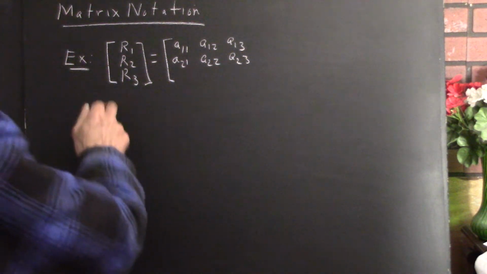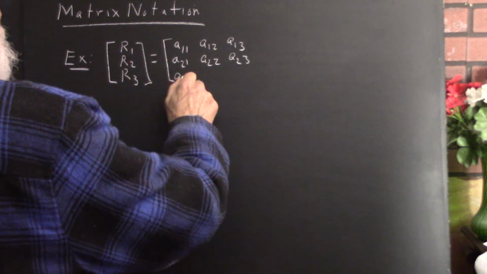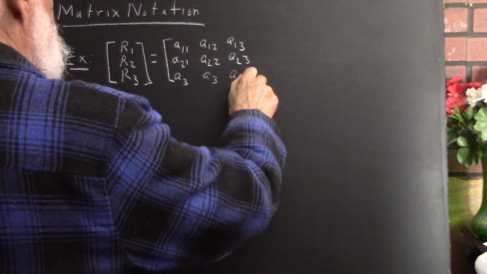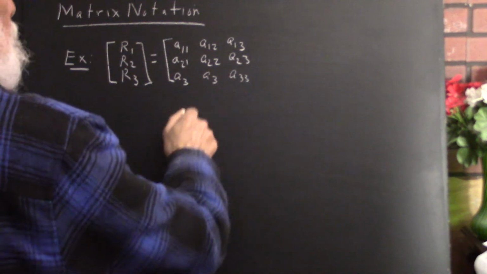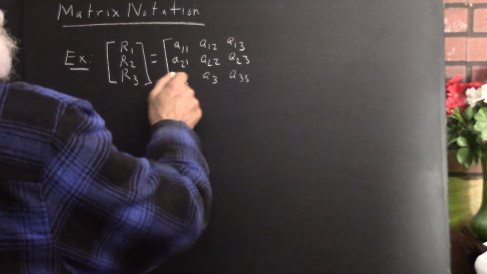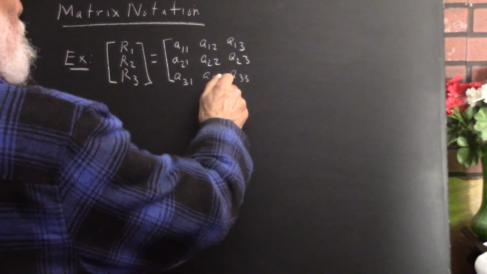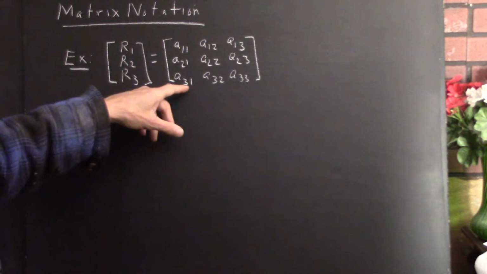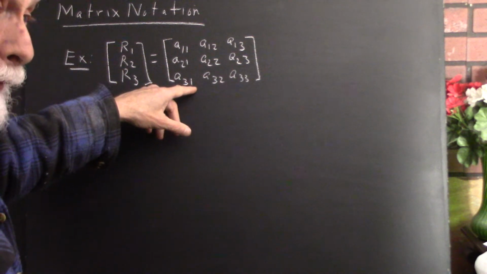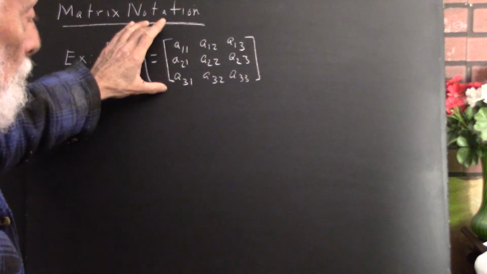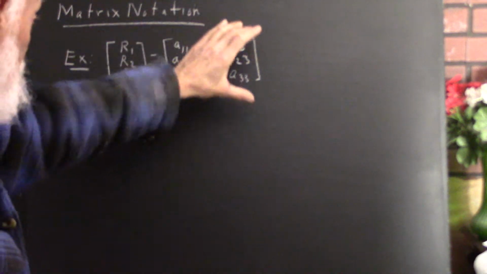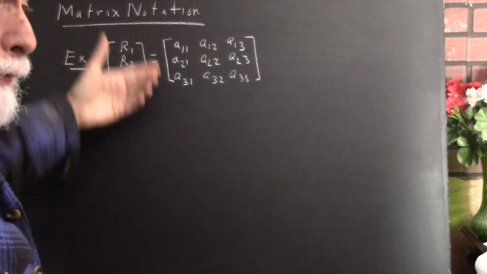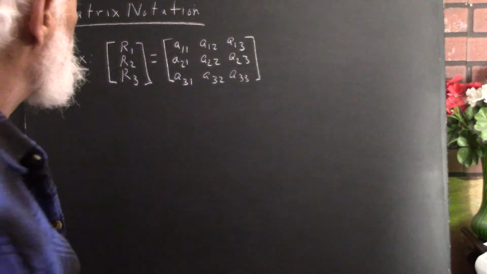Then row 3 is again A3, but A3 what? A31, A32, A33. So you have the number of the row, the number of the column. And this is a general way of writing out a 3 by 3 matrix. 3 rows, 3 columns.